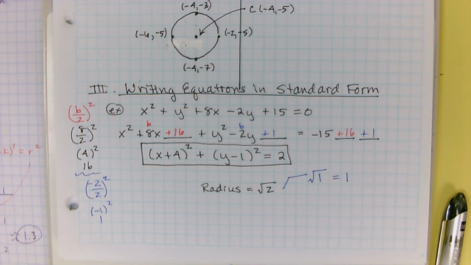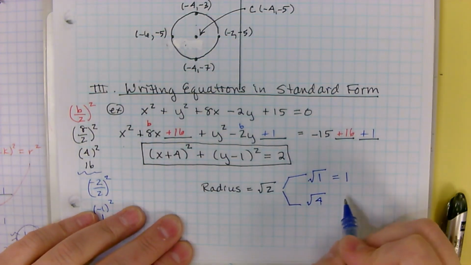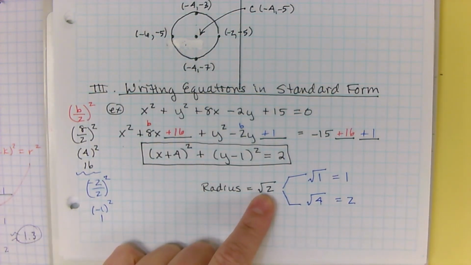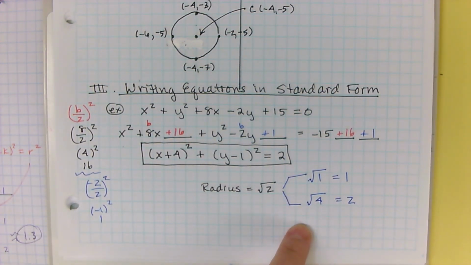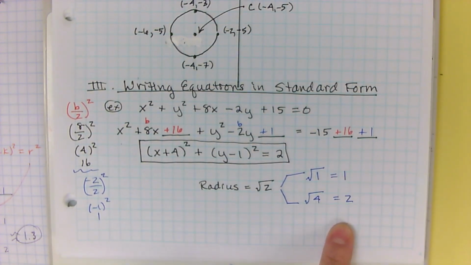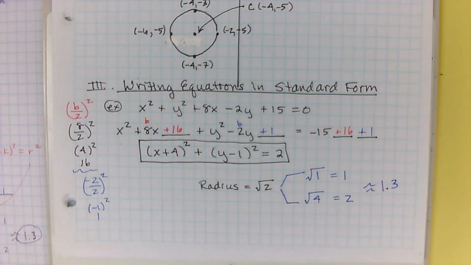Then think of the perfect square higher than 2, which would be 4, and the square root of 4 is 2. So radical 2 is in between radical 1 and radical 4, which means it's in between 1 and 2. Since it's closer to the 1, it's probably about 1.2 or 1.3.